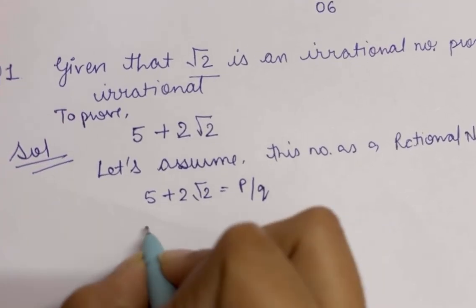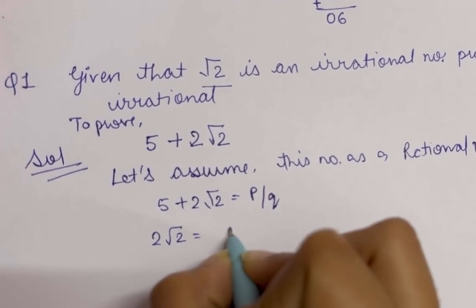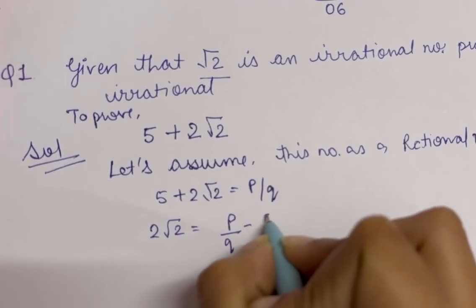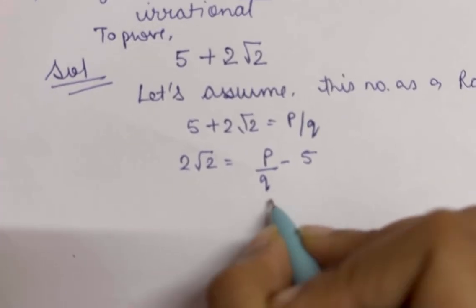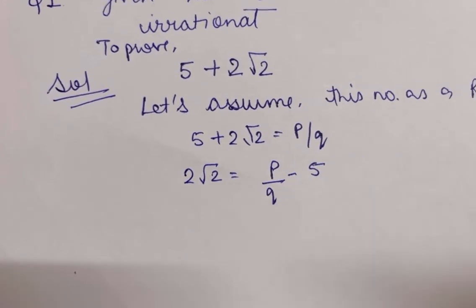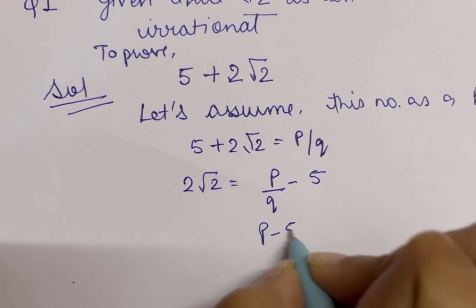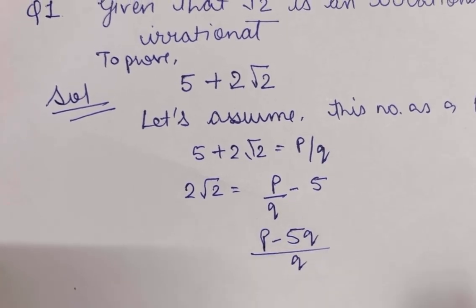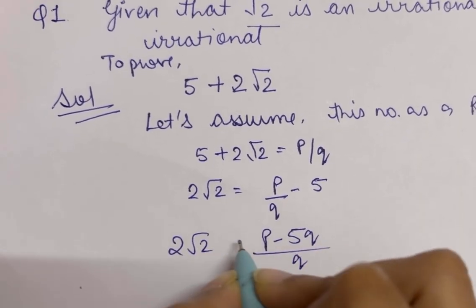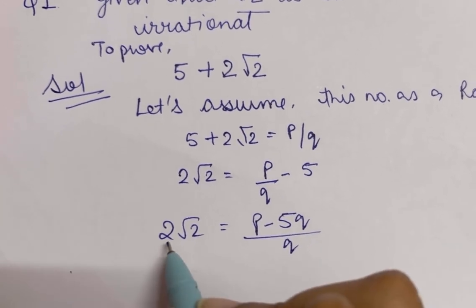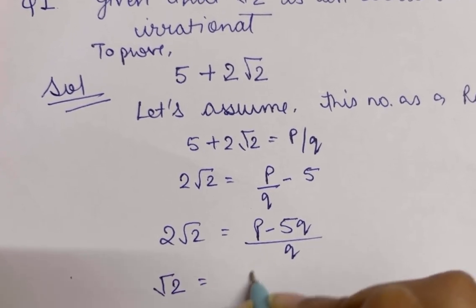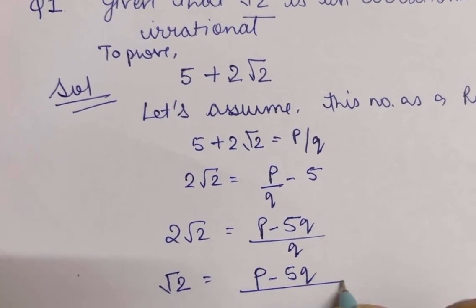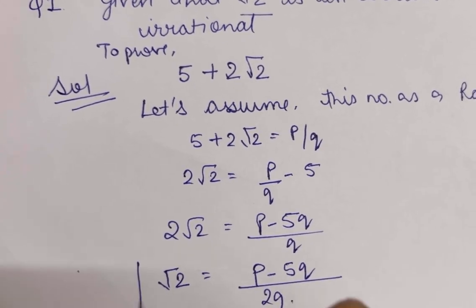Now if we further solve it, 2 root 2 equals p upon q minus 5. If I take the LCM here, it is equal to 2 root 2. Now if I simplify, I'll get root 2 equals p minus 5q upon 2q.